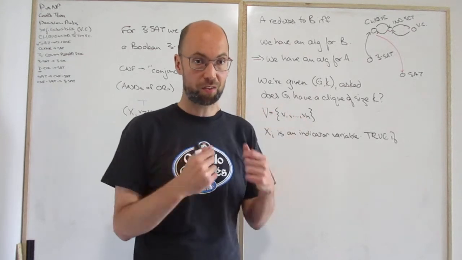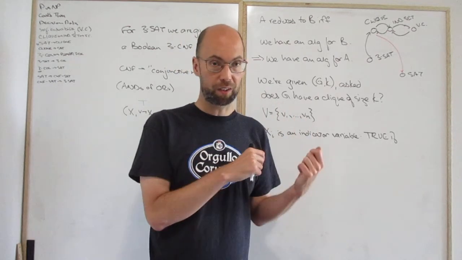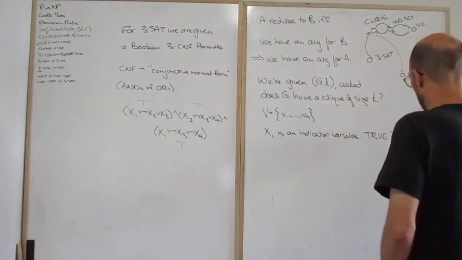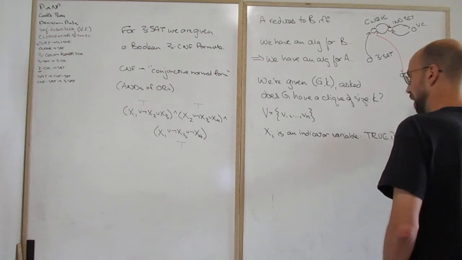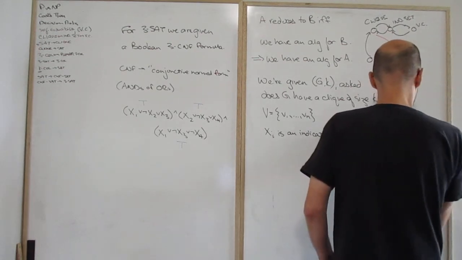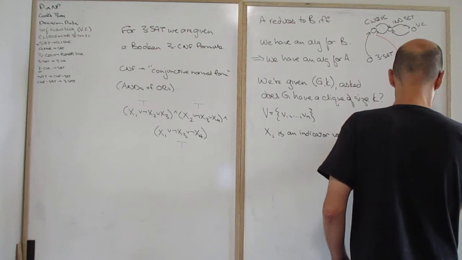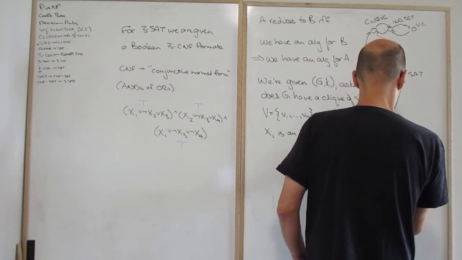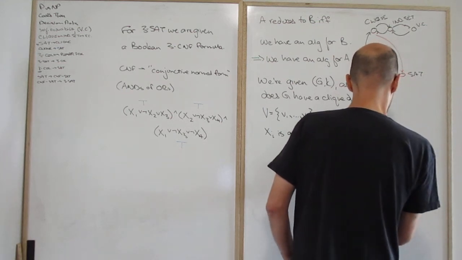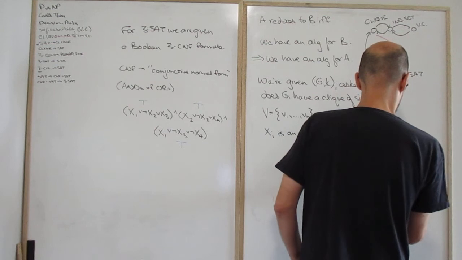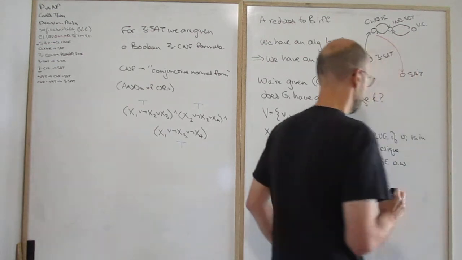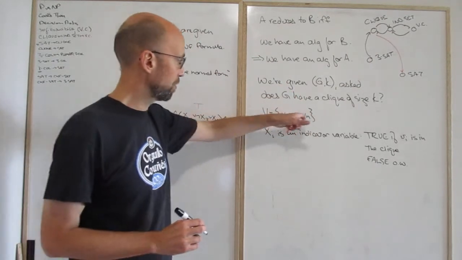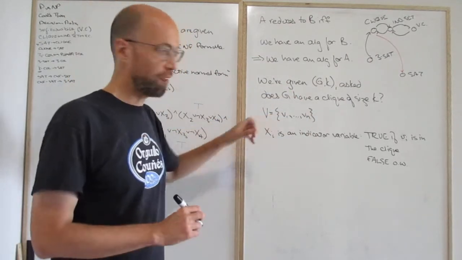You have to write the formula in such a way that it's satisfiable if and only if the graph has a clique of size k. But think of it as x_i is true if v_i is in the clique, false otherwise. Okay? So for each vertex v_i, you have this x_i.